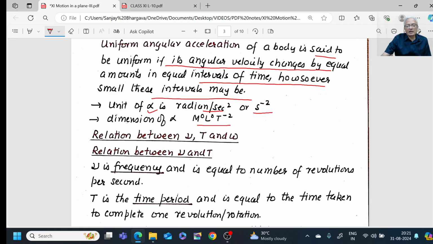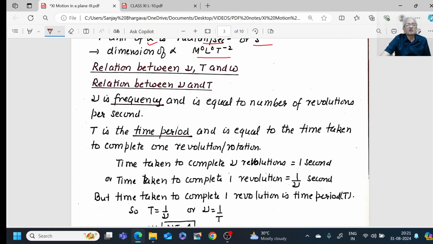Now we'll find the relationship between the various quantities. First of all, we are going to calculate the relation between frequency nu, time period and omega. First we calculate the relation between the frequency and the time period. Here nu is the frequency and is equal to the number of revolutions per second. What is time period? T represents the time period and is equal to the time taken to complete one revolution or rotation.